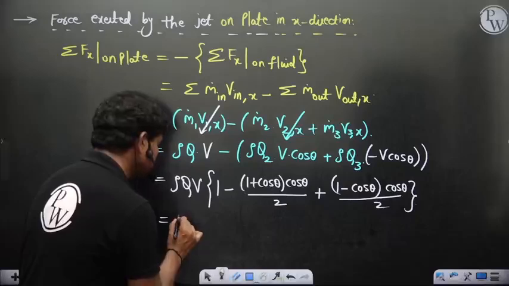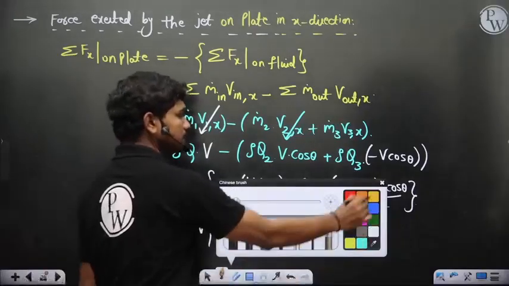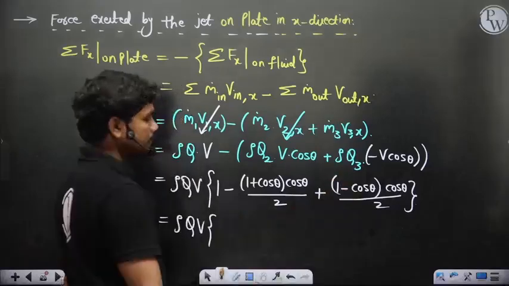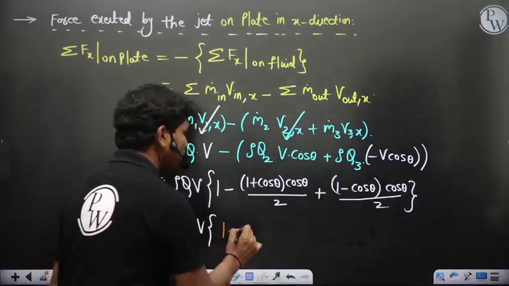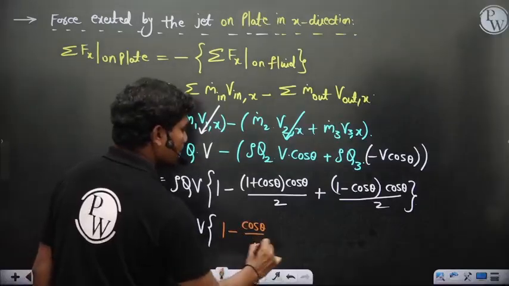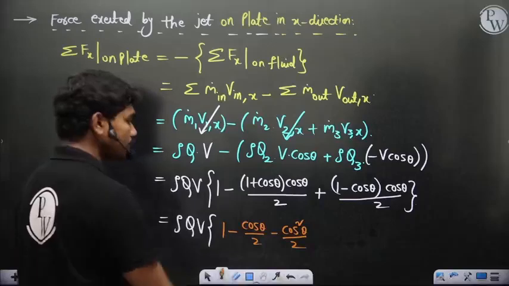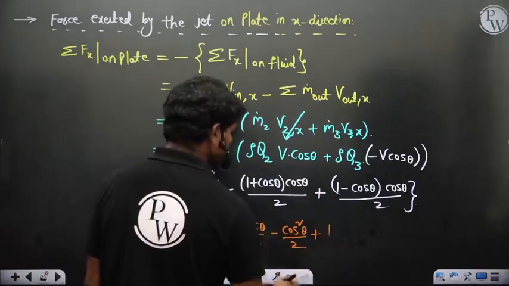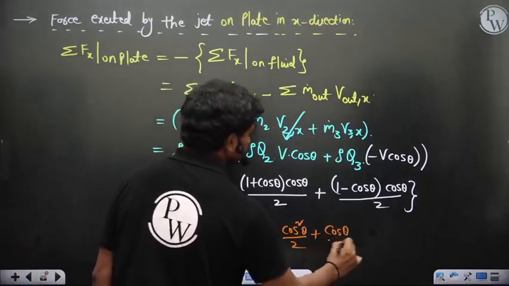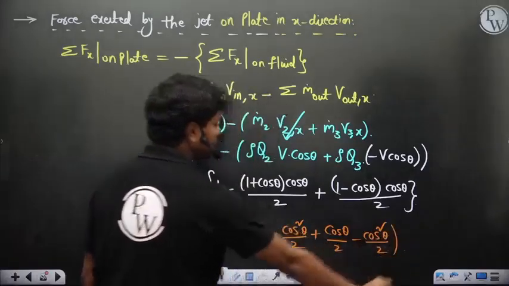So if you simplify this, rho Q v into, clearly you can observe this plus 1 by 2. Okay, maybe let's simplify one more step. 1 minus 1 into cos theta by 2 with a minus sign, so cos theta by 2 minus cos square theta by 2. Then this is plus half plus cos theta by 2, of course, minus cos square theta by 2 actually.